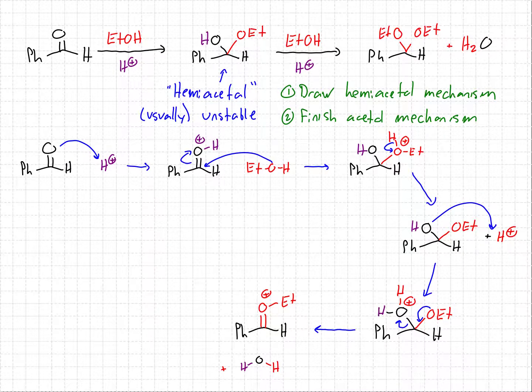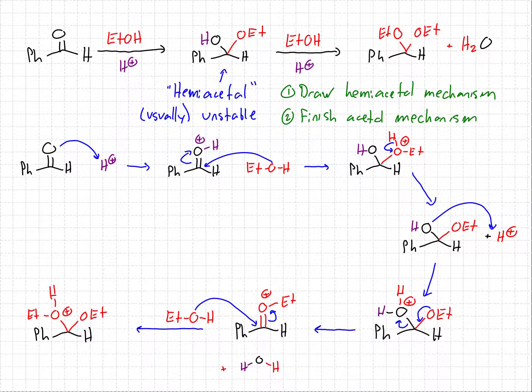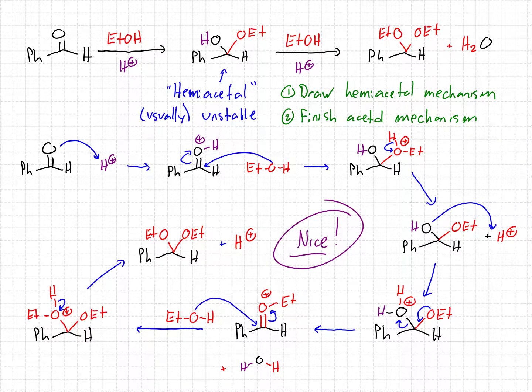It will not behave like a proton, but we have made it a very, very strong electrophile, so it can pick up another equivalent of our alcohol. This will give us another oxonium ion, which can lose a proton to form our final product, the full acetal. Right? And acid is catalytic in this process. It is regenerated in this last step. Nice.